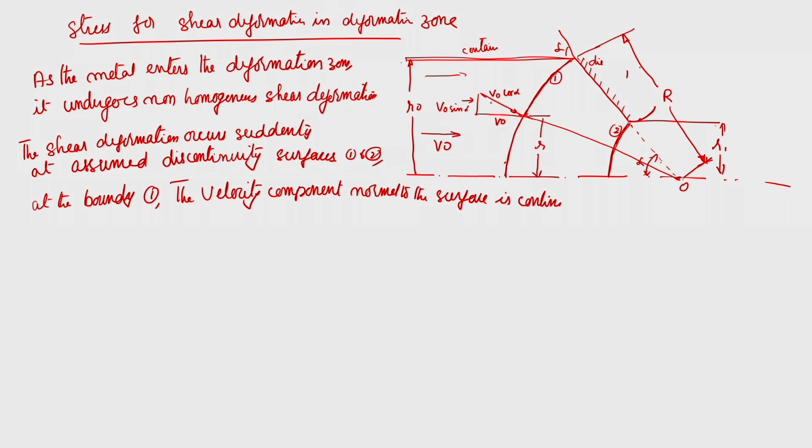That means it is straight, it is continuous, there is no problem. But if you look at the velocity discontinuity at the boundary parallel to that, you will find that it is not continuous.